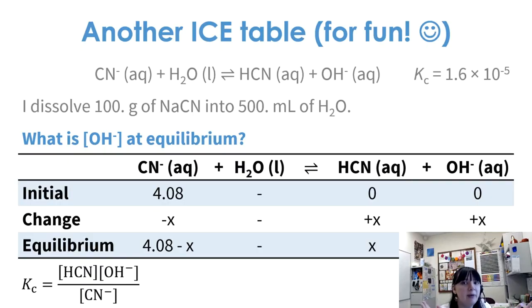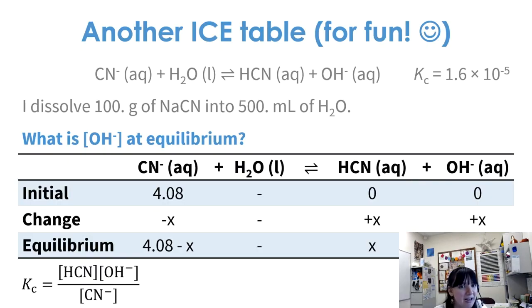Let's think about how this reaction is supposed to look once it reaches equilibrium and how that compares to it right now. Our equilibrium constant, 1.6 times 10 to the minus 5, hugely favors the reactants. When you have a super small K constant, you expect very little product to form and mostly reactants at the end of the reaction.